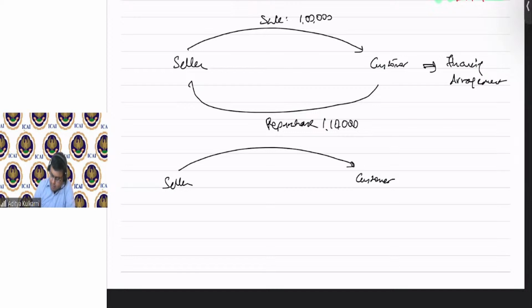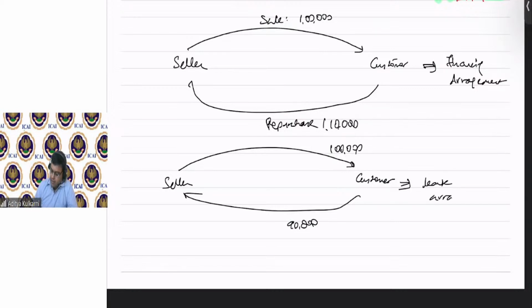Yet another case, seller to customer 1 lakh, customer to seller 90,000. So this cannot be a financing arrangement because I will not collect less. So this is a usage arrangement, a lease arrangement.